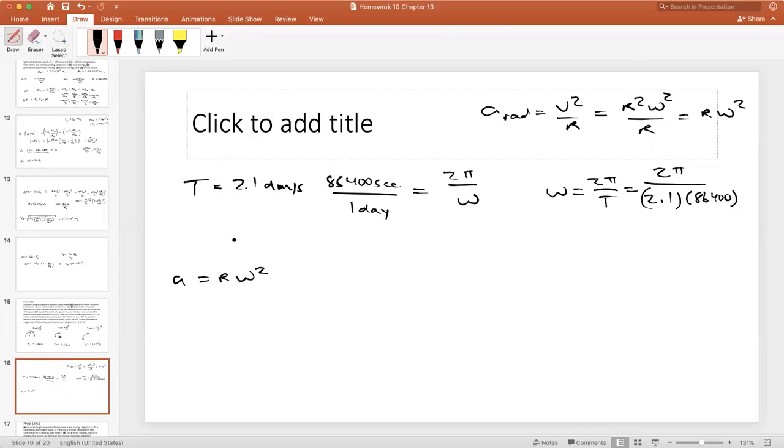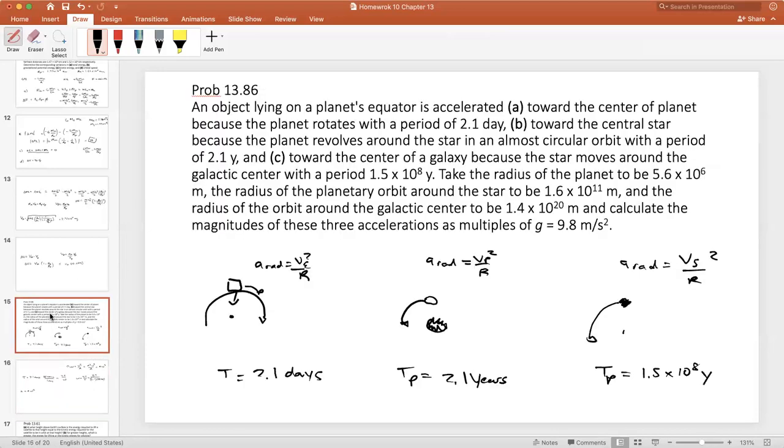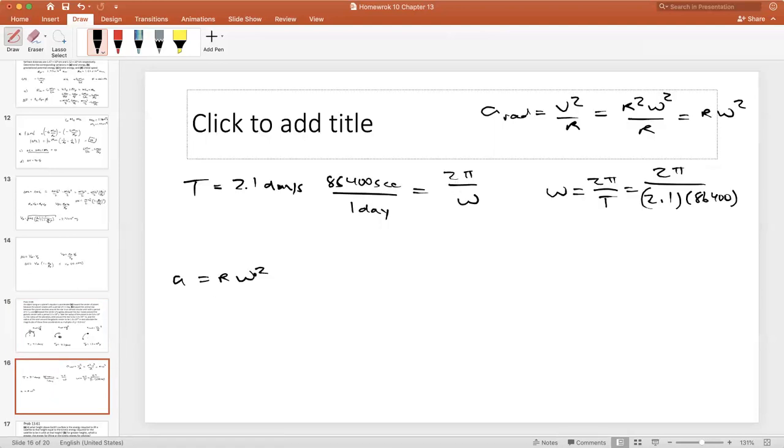And then if you multiply that by r, so in the first case, we were told that the radius of the planet is 5.6 times 10 to the 6 meters. So this is the radius of the planet times omega of the object squared, and we get a. Divide whatever you get for a by 9.81 meters per second squared per g, okay?